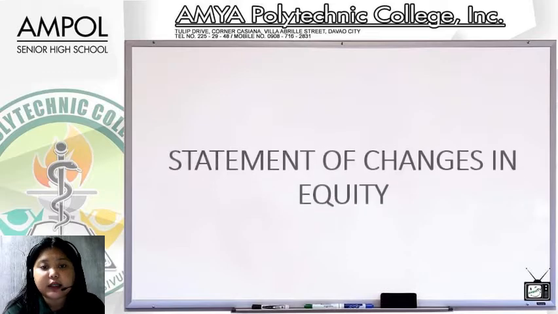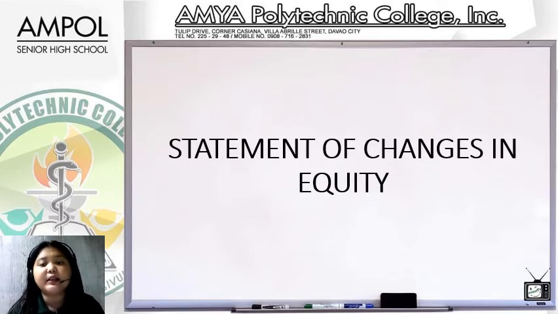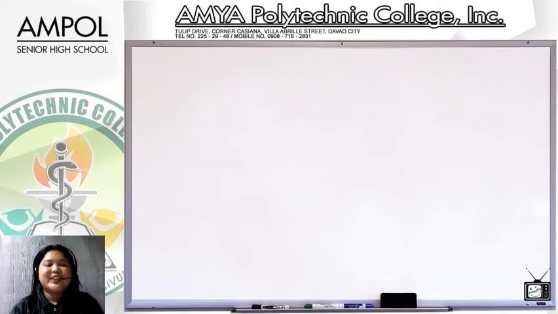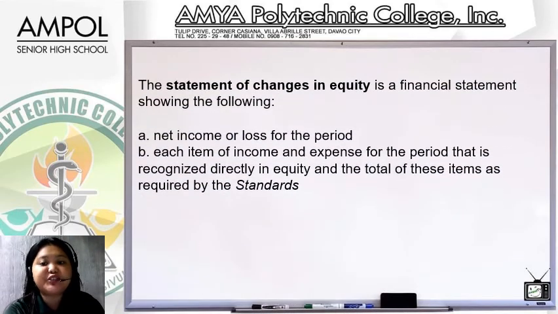Our lesson today again is about statement of changes in equity. The statement of changes in equity is a financial statement showing the following. A, net income or loss for the period. B, each item of income and expense for the period that is recognized directly in equity and the total of these items as required by the standards.